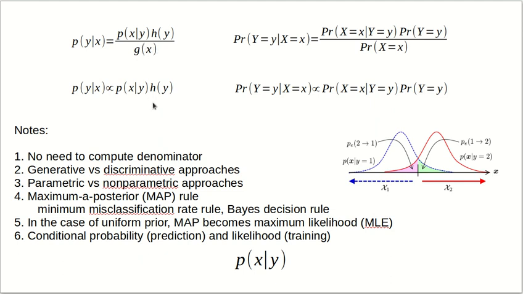For the generative approach, you explicitly construct the posterior by using this conditional probability, which we call likelihood. I'll explain the difference between the conditional probability and the likelihood, and multiply it with the prior. That's called the generative approach. You are using the Bayes theorem explicitly by estimating the conditional probability and the prior.